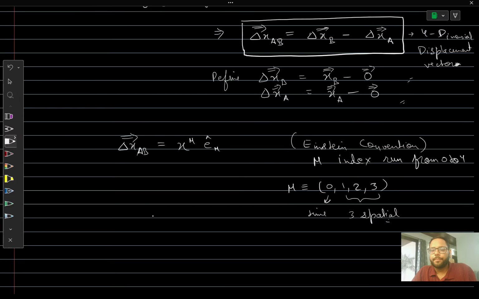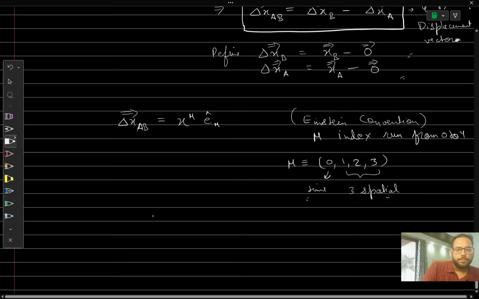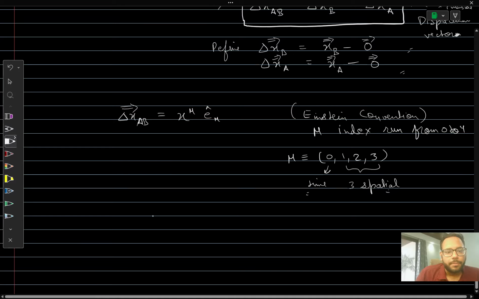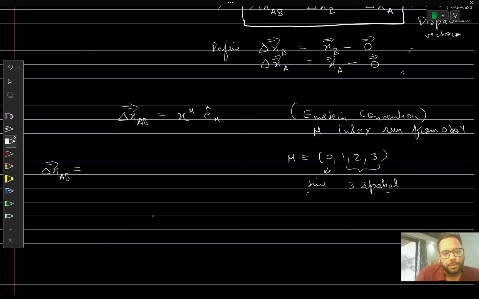So we can expand this, and to visualize it more clearly, this one is 1, this one is 2, this is 3. You can also write it as the t component of x.